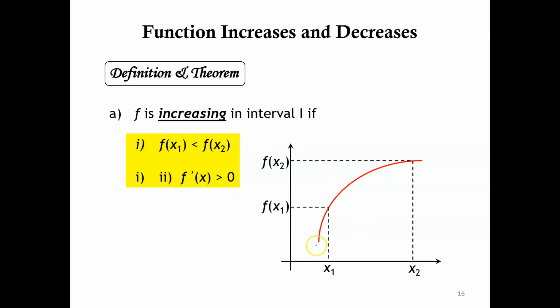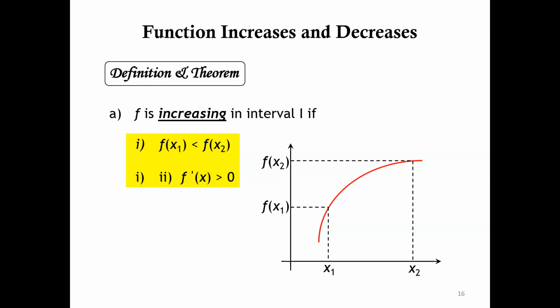Based on the graph, you will know that the graph is increasing when you have f(x1) less than f(x2). This one is f(x1), this one is f(x2). The value of f(x1) is lower than f(x2), meaning it goes from small up to big.